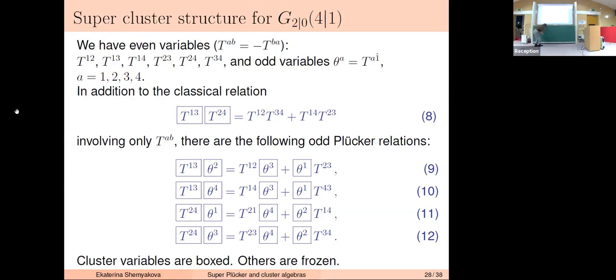Okay, so what is theta? Theta again, that's the notation which we use here, specifically for superclusters. And the reason is because the ambient space has only one odd vector. So then you never have T1,2 hat, for example, right? Because this is just a minor, right? So your matrix is going to have only one odd column.